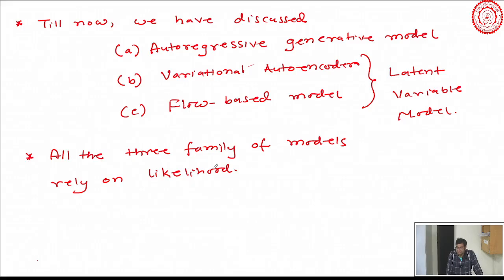But that does not mean that if I have two models, M1 and M2, and model M1 has higher likelihood than model M2, the samples generated from M1 will be better than samples generated from M2. It need not be the case.